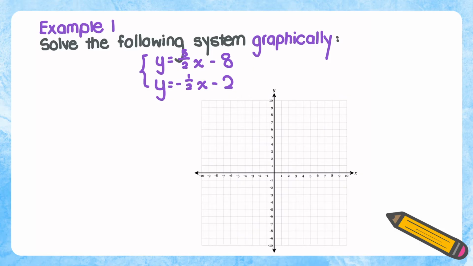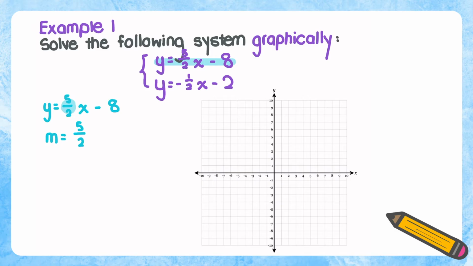So we're going to take a look at the first equation, y equals 5/2 times x minus 8. I'm just going to write it over here. And this is already in slope-intercept form, so it's pretty simple to find the slope and the y-intercept. Our slope, m, equals 5/2.